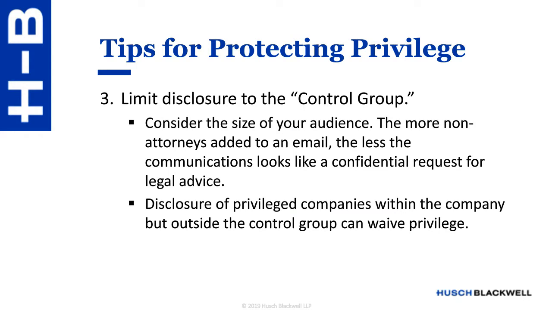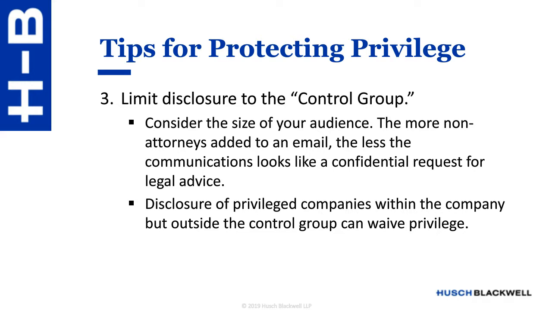A third tip for protecting privilege is to limit the disclosure of privileged communications, even within the company itself. In general, a corporate client, for privilege purposes, is the management of the company, the officers, directors, etc. That group is sometimes referred to as the control group.